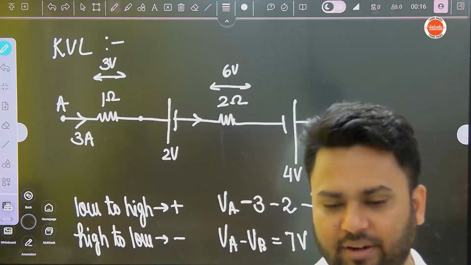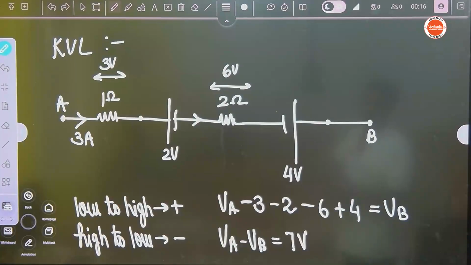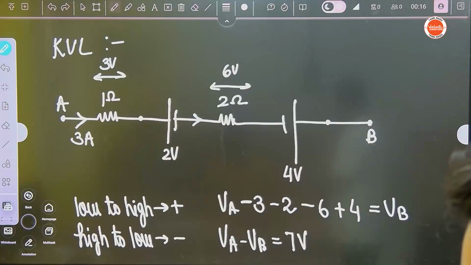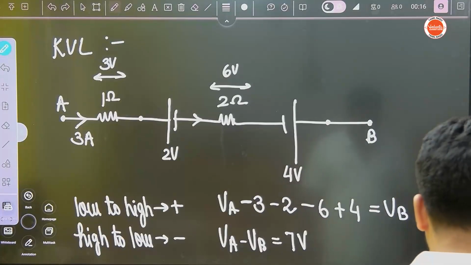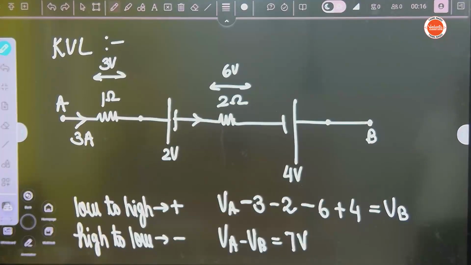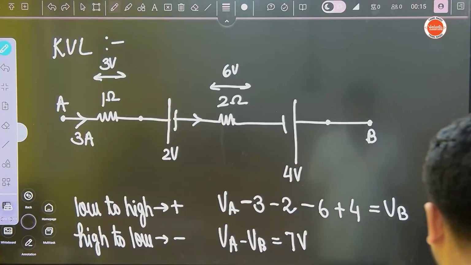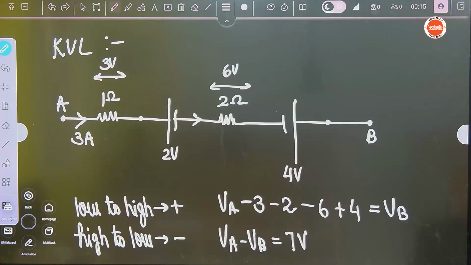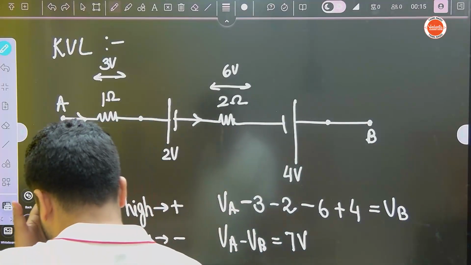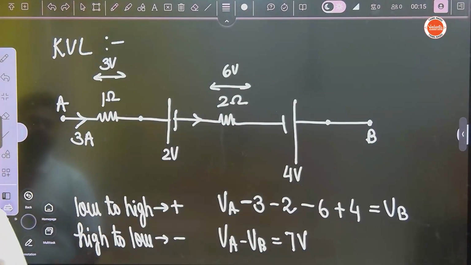So if you want to write, you can write these things in short. Now coming back to Kirchhoff's voltage law.